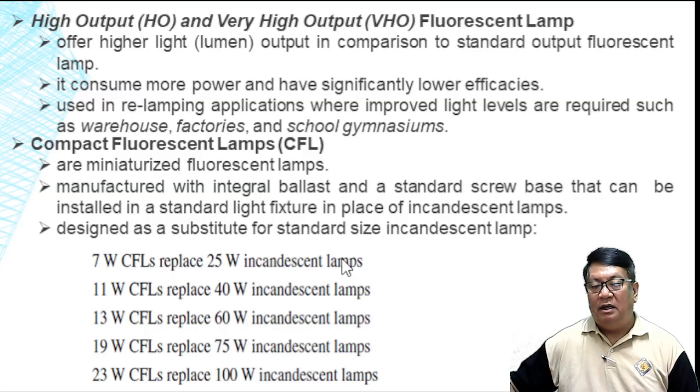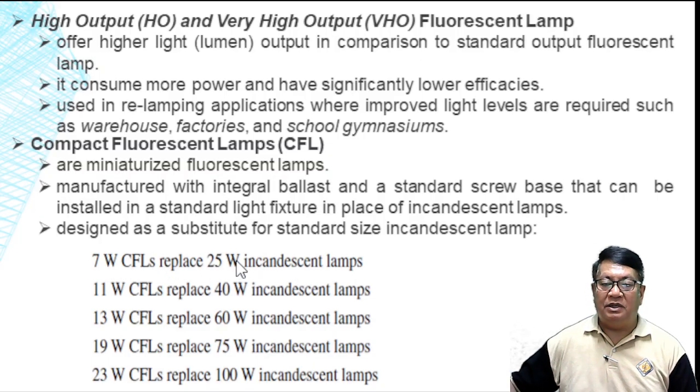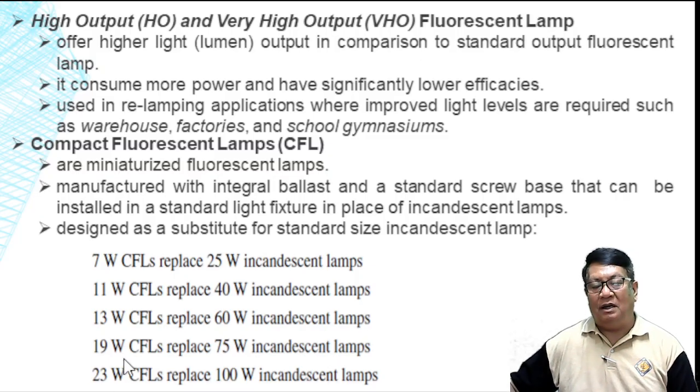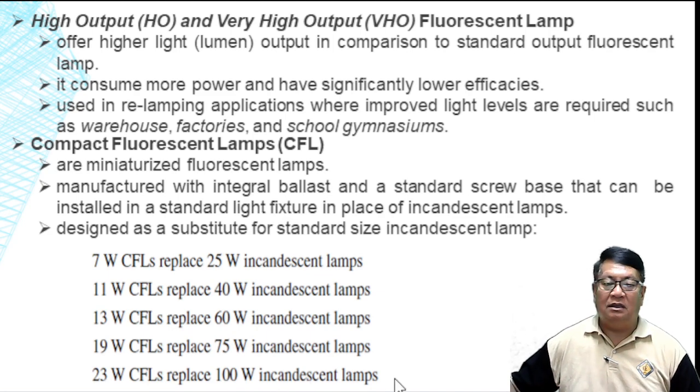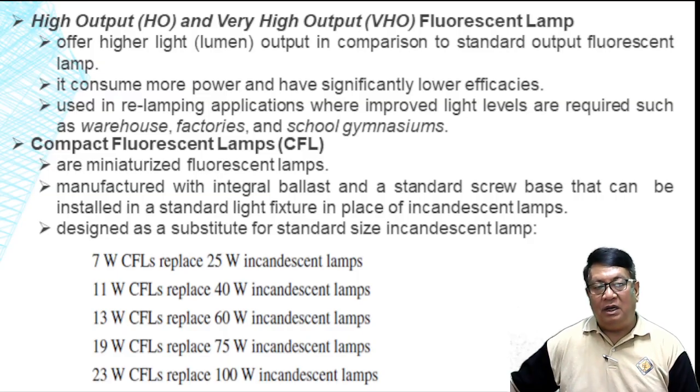With the equivalent incandescent lamp power, the 7 watt CFL will replace a 25 watt incandescent bulb, the 11 watt CFL will replace a 40 watt incandescent bulb, and the 23 watt CFL will replace a 100 watt incandescent lamp. This means that the CFL is more efficient and a more power saving, or energy saving, lamp source.